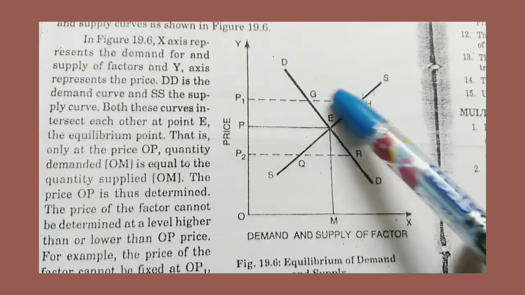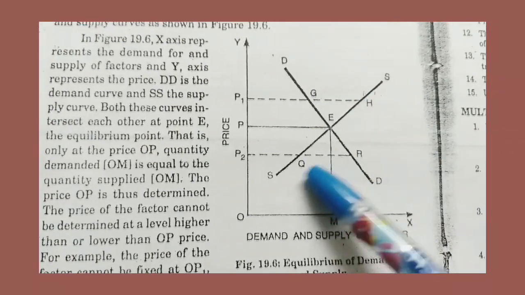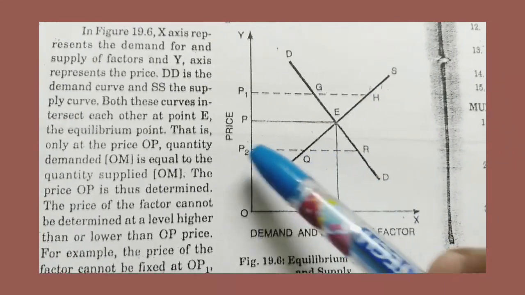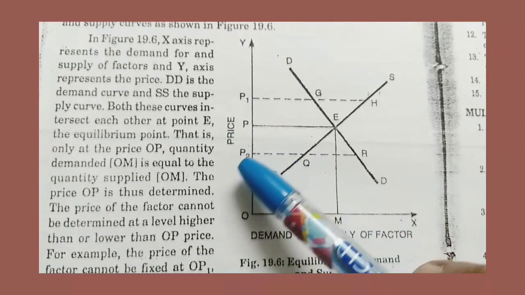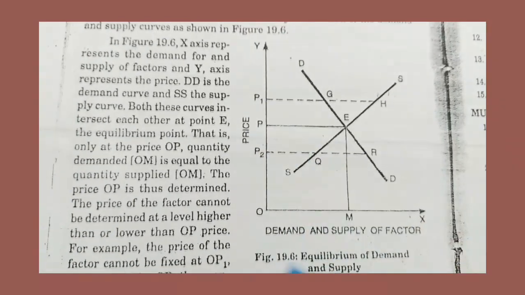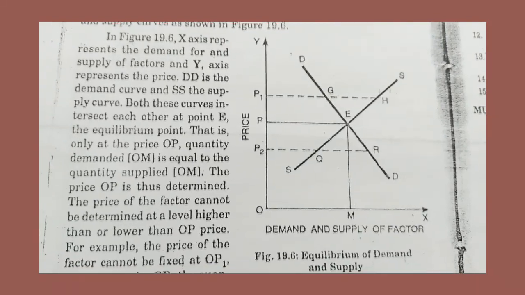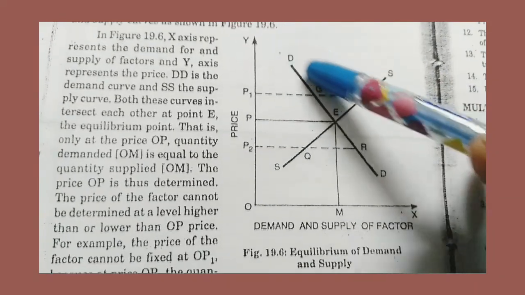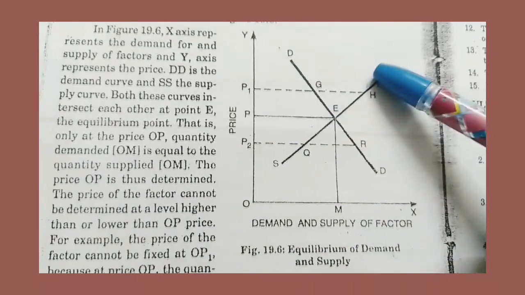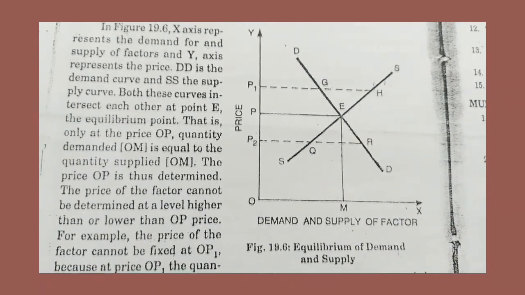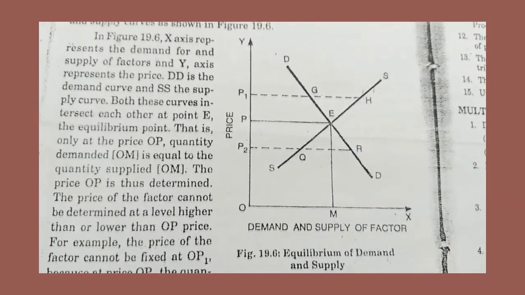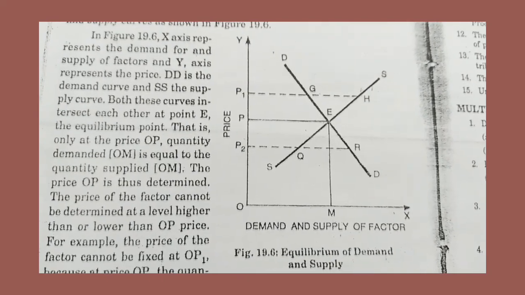Here excess supply, here excess demand. So the entrepreneur will increase the price of the factor from P2 to P. So the price of a factor is determined by both the demand for labor and the supply of labor. At the same time, the price is equal to the marginal productivity of that factor.